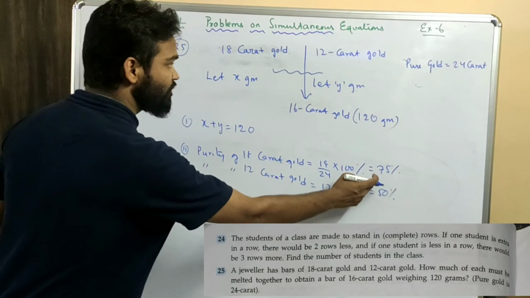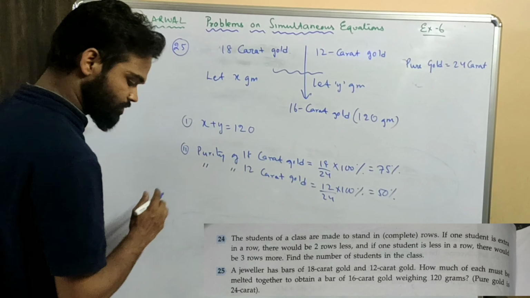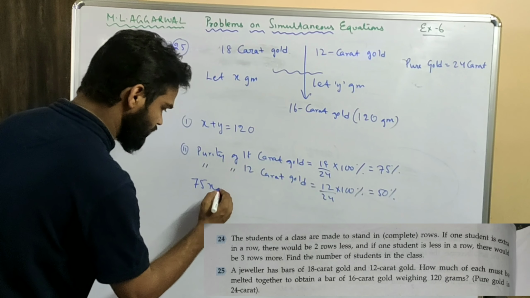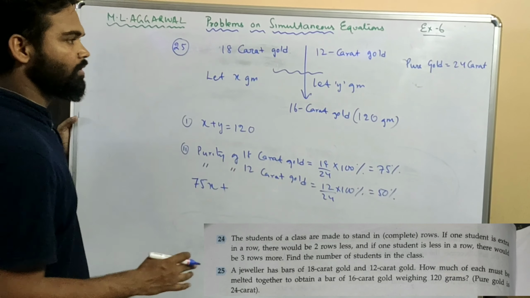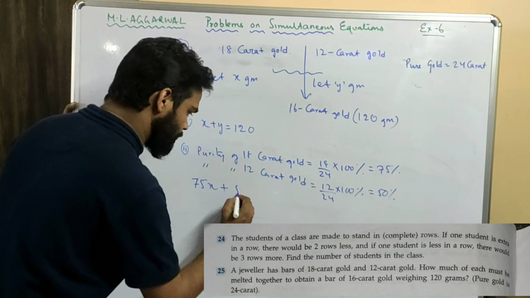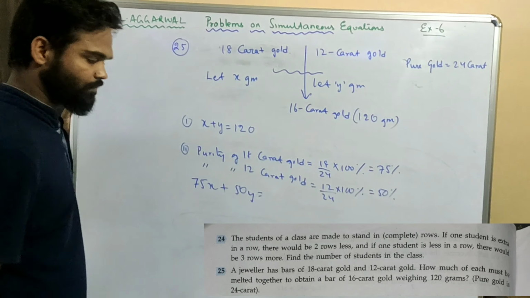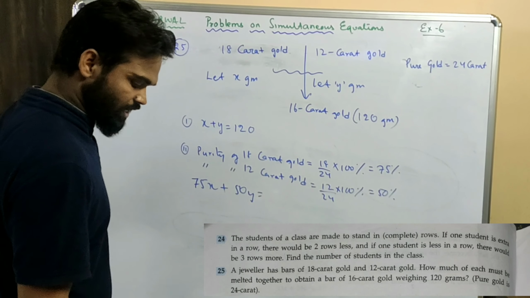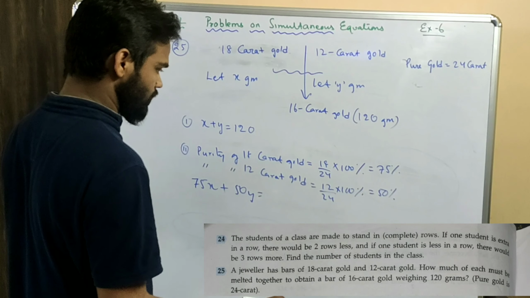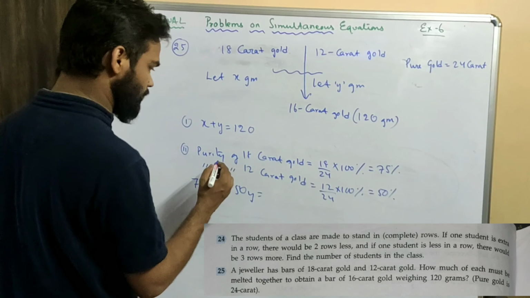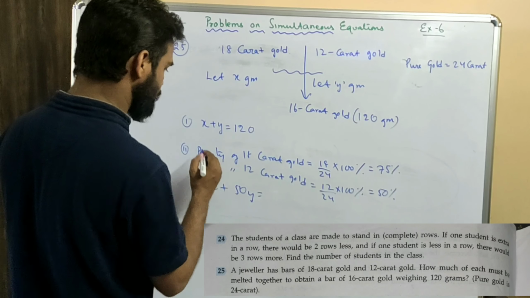Now 75% of x and 50% of y will be equal to, actually we forgot to find the purity of 16 karat gold.